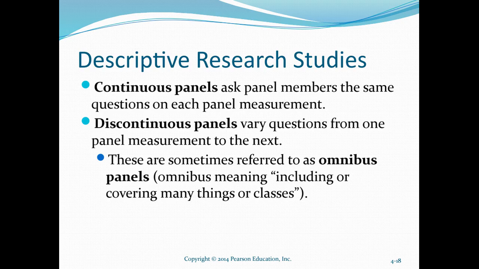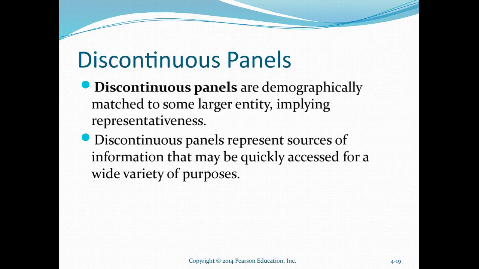So you divide the total research into small portions and you get the data from the panel members. Discontinuous panels are demographically matched to some large entity, amplifying representativeness. And discontinuous panels represent sources of information that may be quickly accessed for a wide variety of purposes.